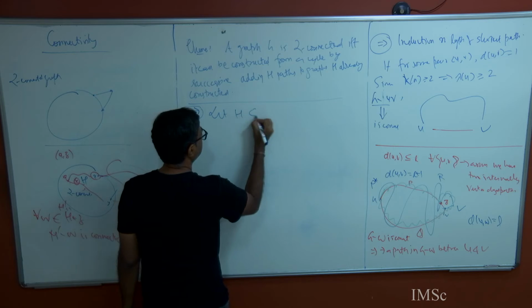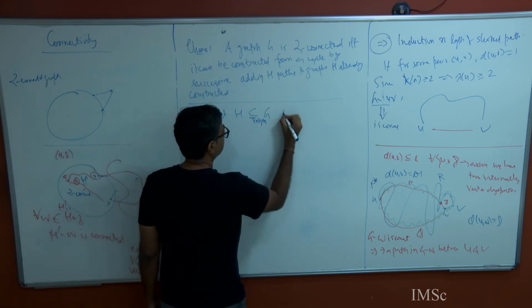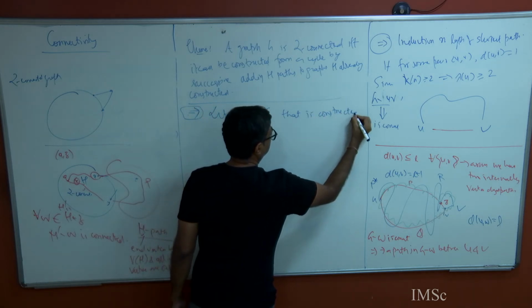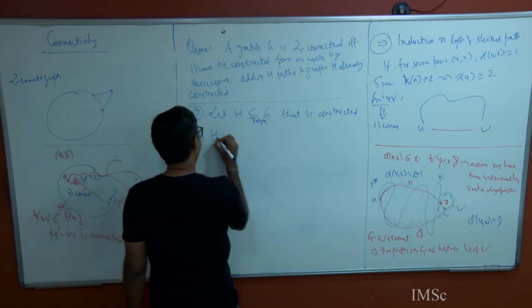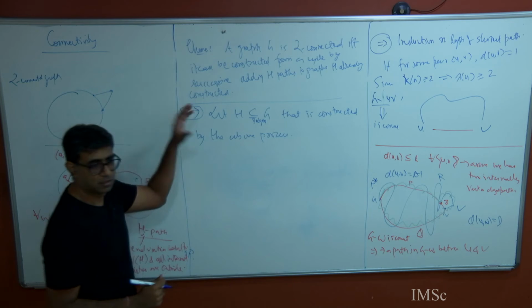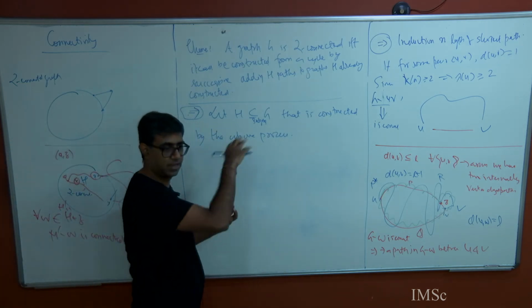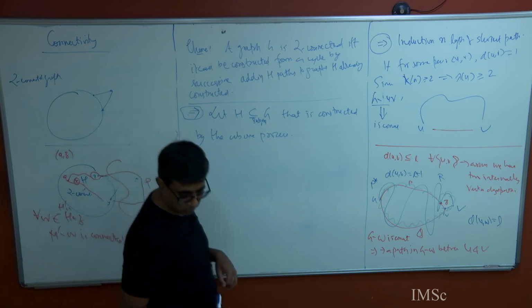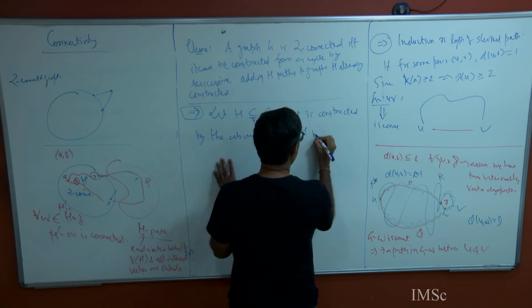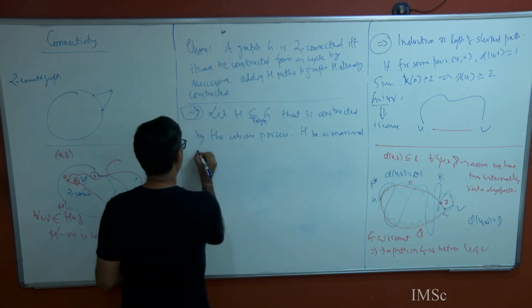Let H be a subgraph of G that is constructed by the above process. You started with a cycle and added this. Let H be a maximal such subgraph.